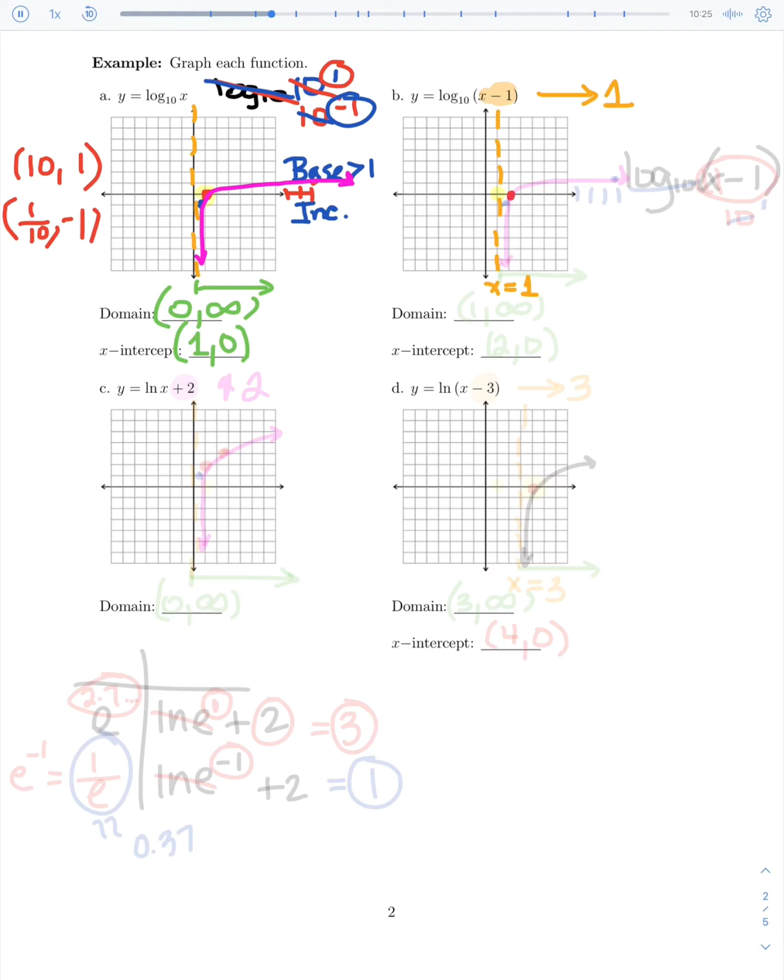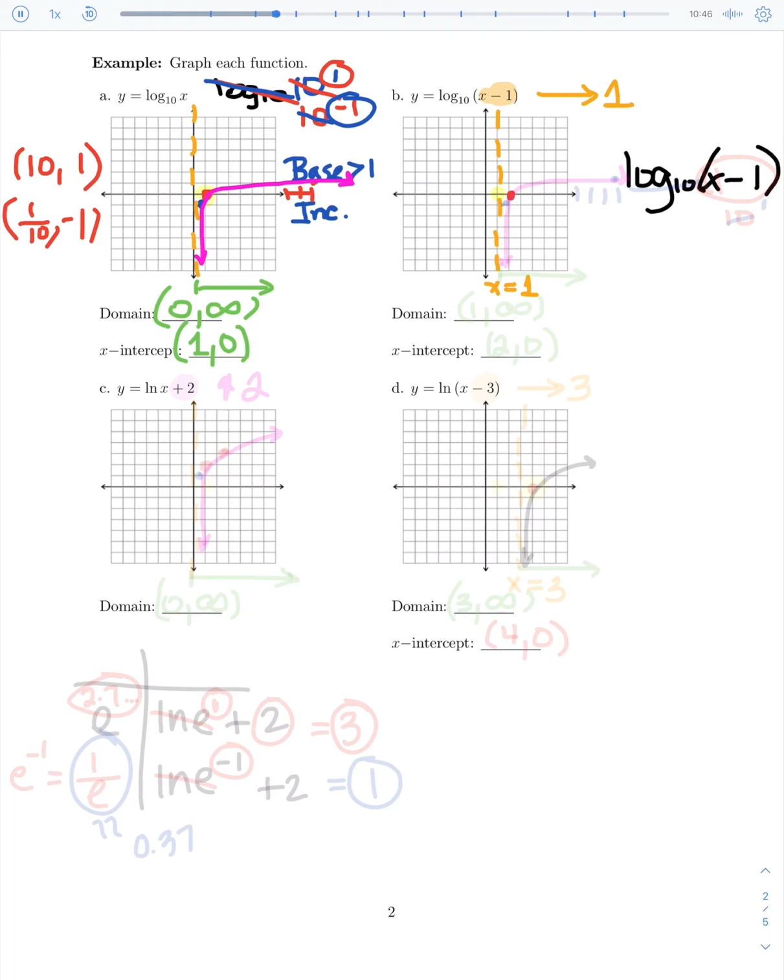Okay. I still want to find out what's going to happen at a couple other points so I can graph this properly. So I've got a log base 10. What I want is something that's going to cancel out with the log base 10, which is another 10. Well, the problem is I've got an x minus 1 in there.